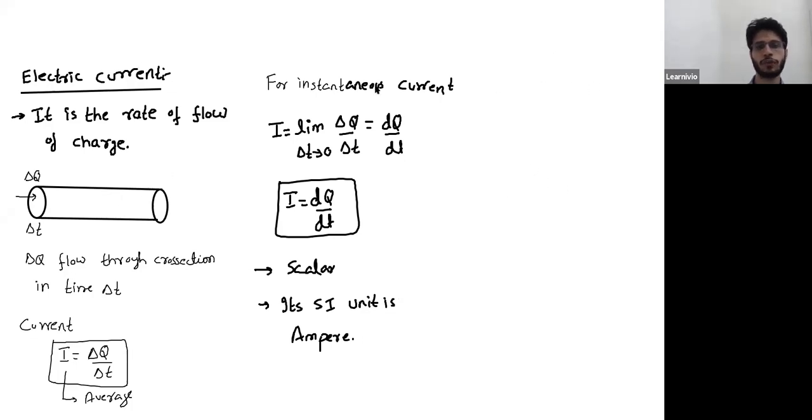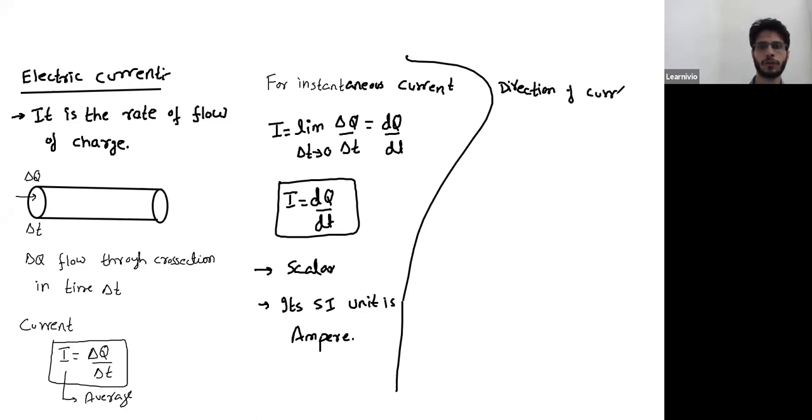Next, direction of current. For direction, you can consider it in two ways. You have two types of currents basically. One is conventional current and another one is electronic current.